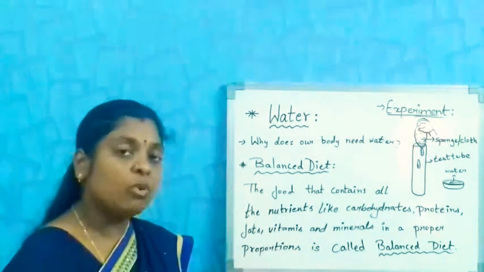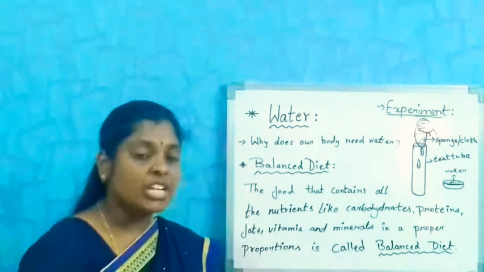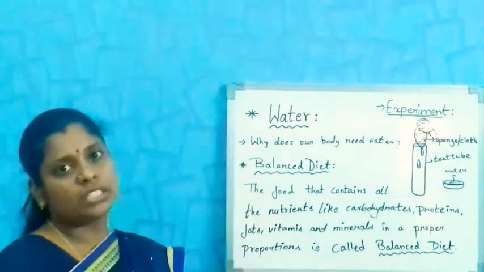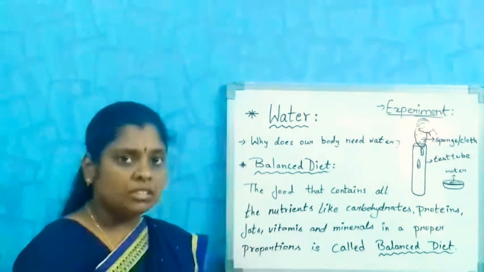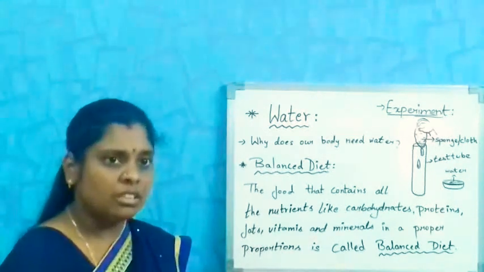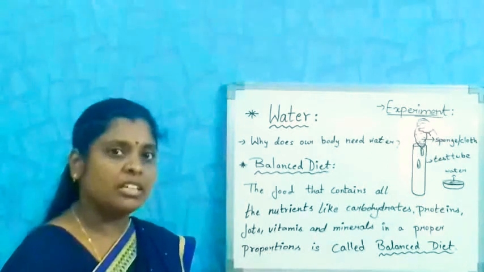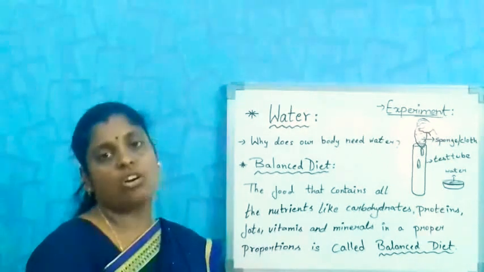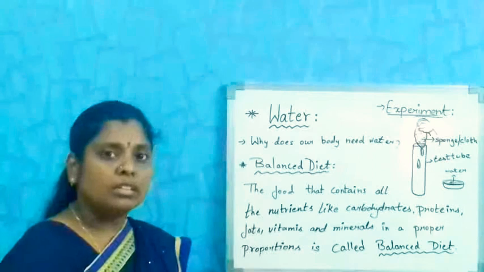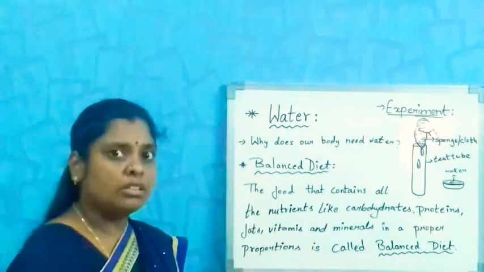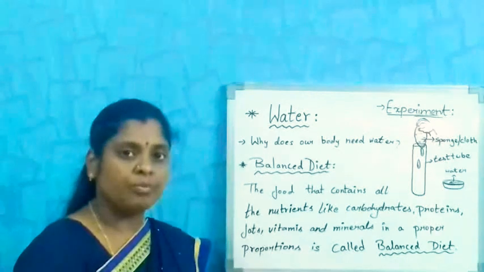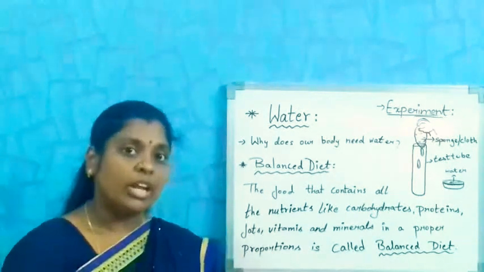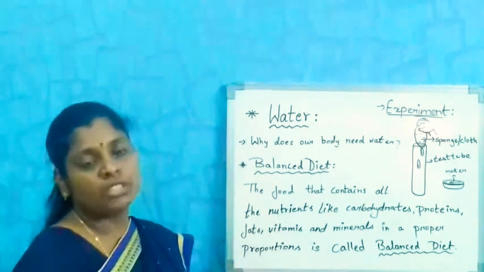There are many fruits and vegetables which contain a large amount of water. Fruits like watermelon, orange, and vegetables like bottle gourd, ridge gourd, cucumber contain more water. These food items must be consumed regularly.